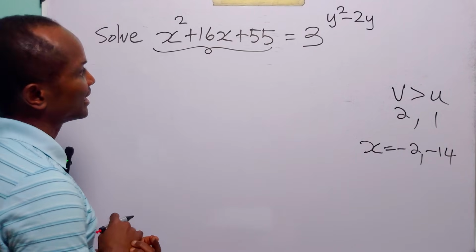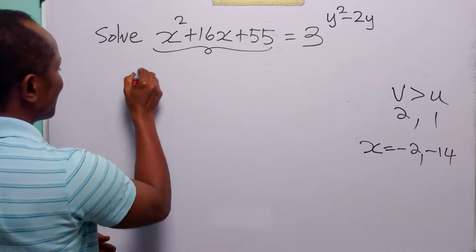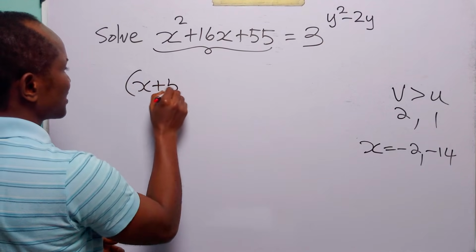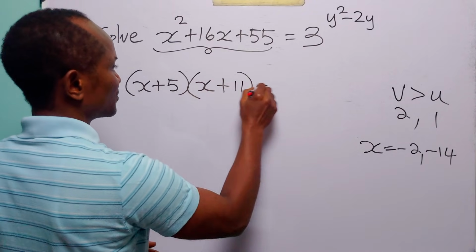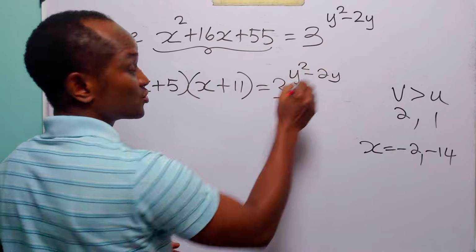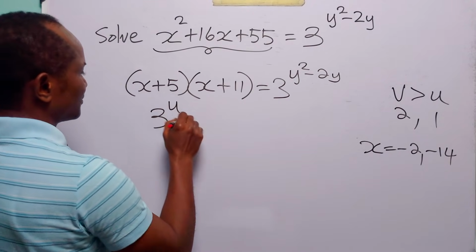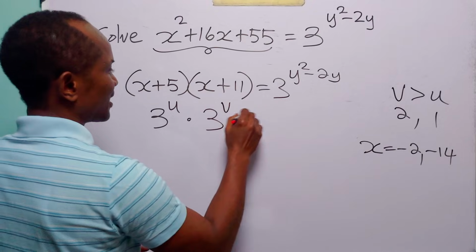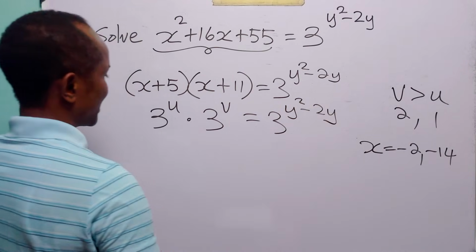And finally, to find the values of y, we go back to the original equation. We have x plus 5 multiplied by x plus 11 is equal to 3 to the power y squared minus 2y. Of course, this is 3 to the power u multiplied by 3 to the power v. We have y squared minus 2y.